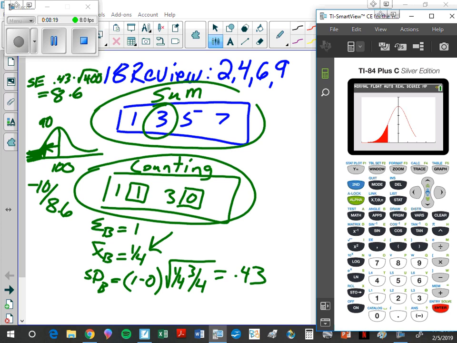And my area is equal to 12.5%. So if you play this game 400 times, you have a 12.5% chance of having fewer than 93s. Okay, number 4.